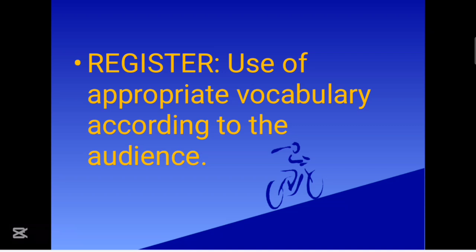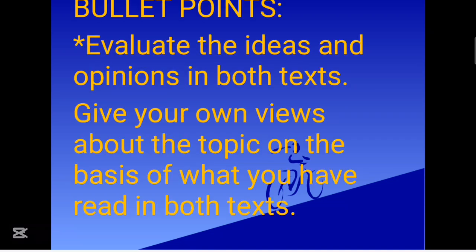When you are clear about the audience and you have set a tone, then all the words that you choose, the vocabulary that you are going to use, must be according to your audience. So that is choosing the right words for the right audience.